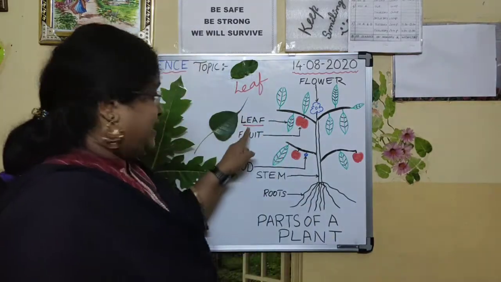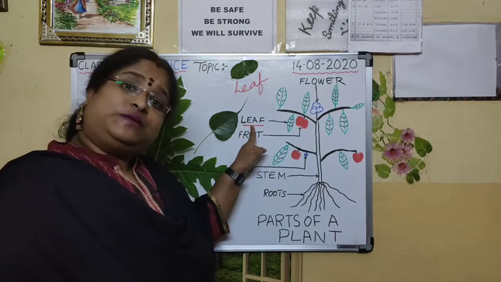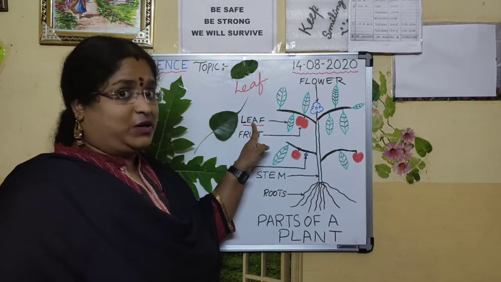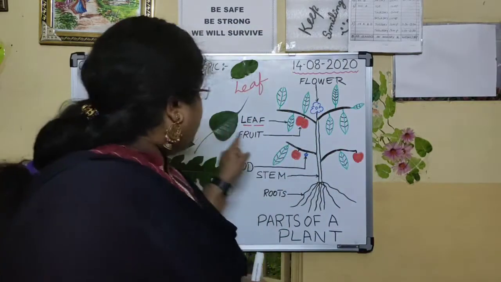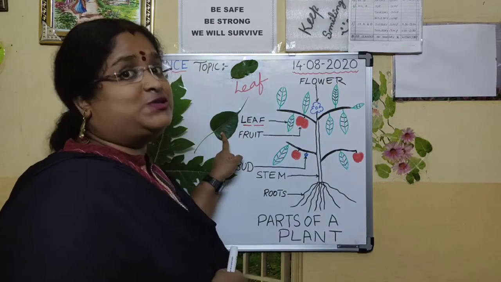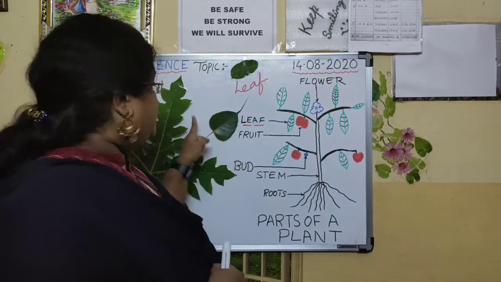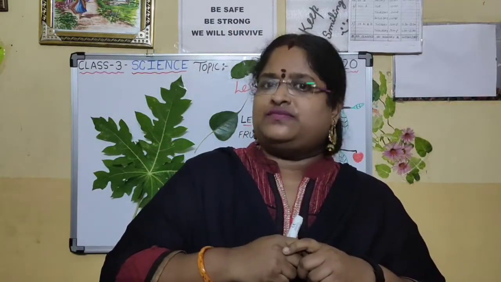Why is leaf called the food factory of the plant or kitchen of the plant? Because it makes the food for the plant. Children, do you know why leaf appears green? It is due to the green color pigment, chlorophyll. What is the use of chlorophyll, children?